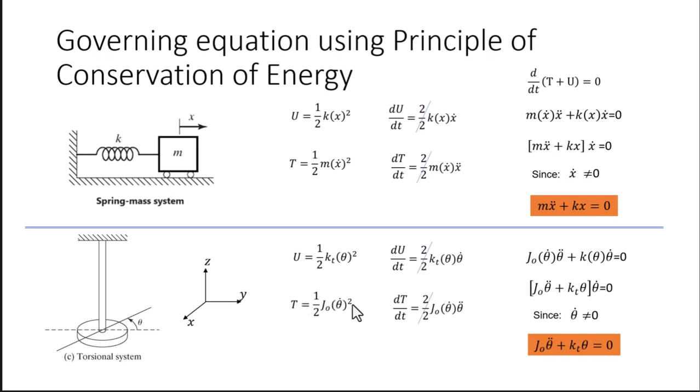And here we have a kinetic energy, which will be 1/2 mass moment of inertia angular velocity squared. We derive both expressions, and again, we apply the conservation of energy, and since the angular velocity cannot be 0 for all times, this bracket has to be 0, and that becomes our equation of motion.